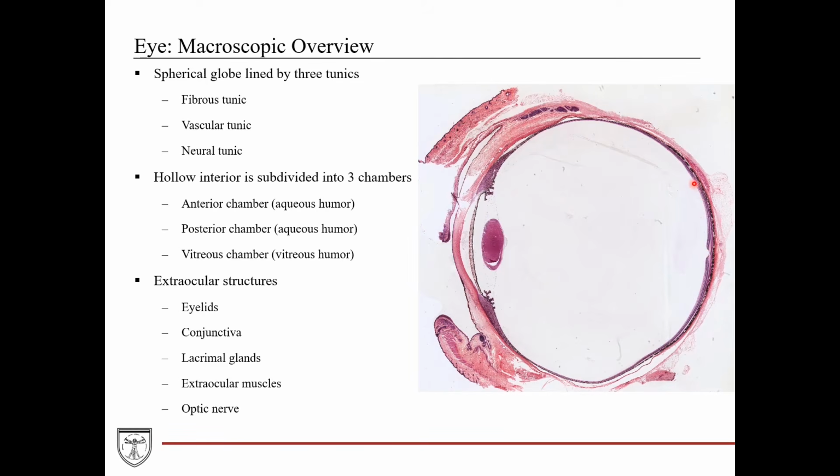The neural tunic continues anteriorly and becomes thinner, and thinnest around here, but still abuts all the contours of the vascular tunic and forms the posterior-most aspect of the iris as well. So these are all the structures that we'll look at in higher magnification and explain further in the lab videos.